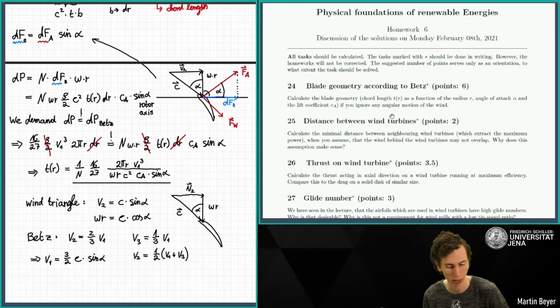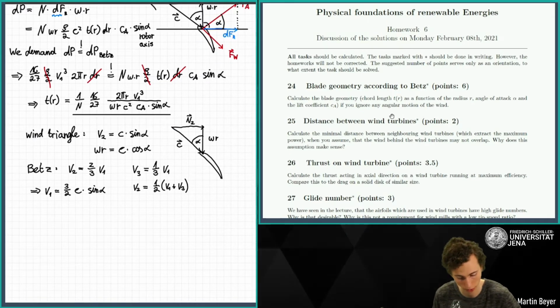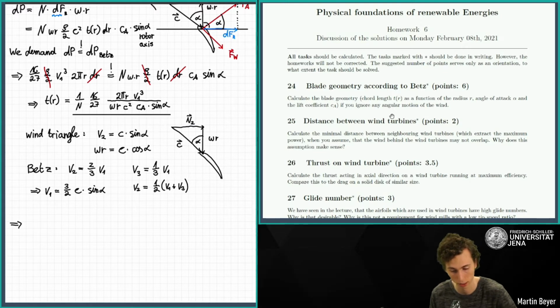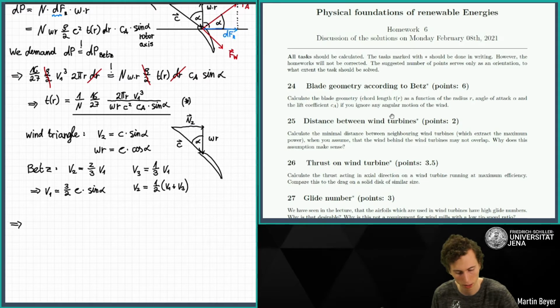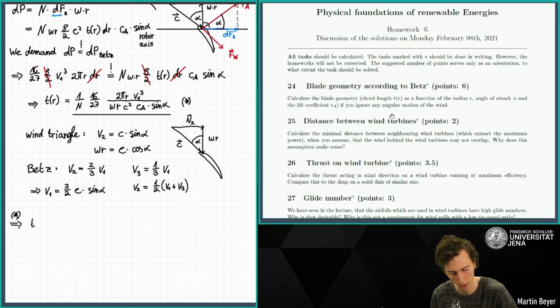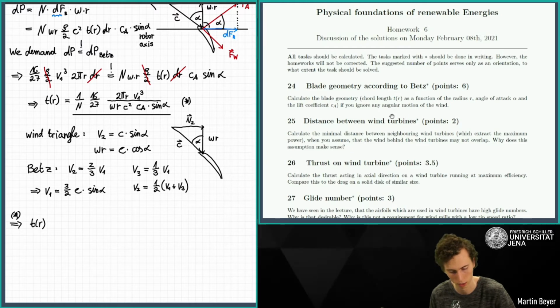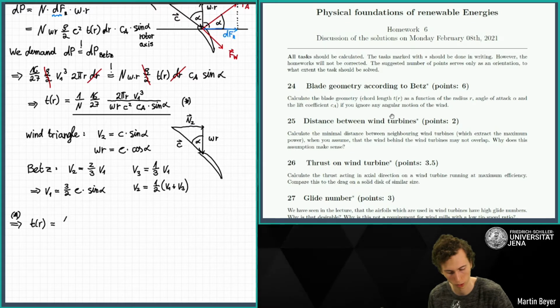Okay, and now we can substitute this back into our expression for the chord length. So this, maybe we call this equation star. We can substitute this back into star and find that T of R is just 1 over n.